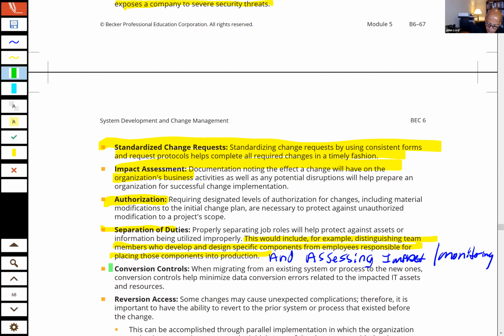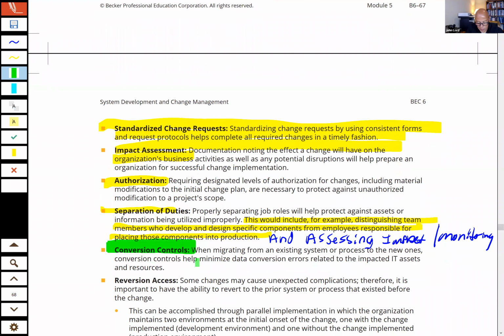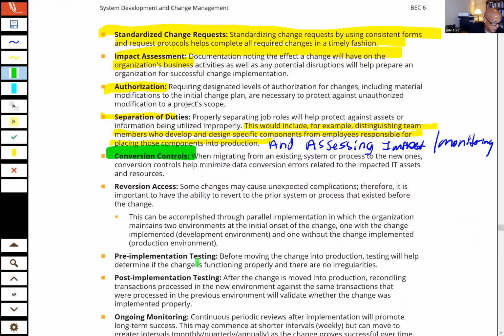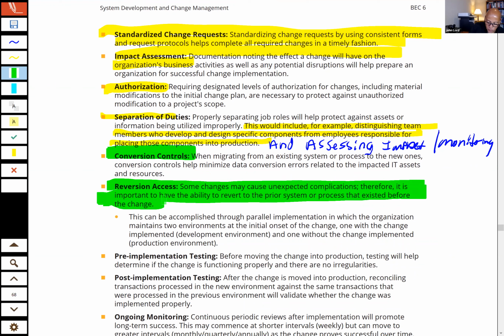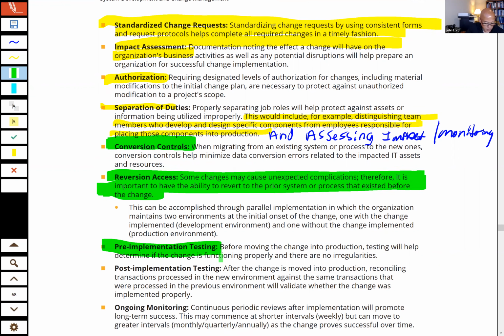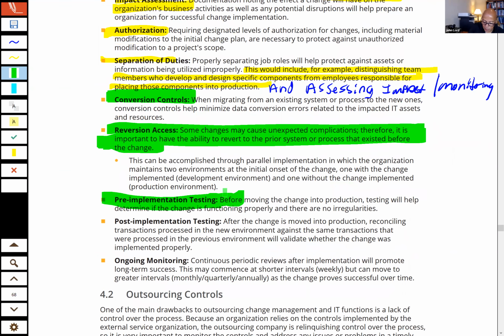Conversion controls: how will we convert from the legacy old system to the new one? And then reversion policy. If there's a problem and we can't get the new system to work, how will we revert to the old system? There'll be pre-implementation testing before we actually implement, and then post-implementation after, and then ongoing continuous monitoring.